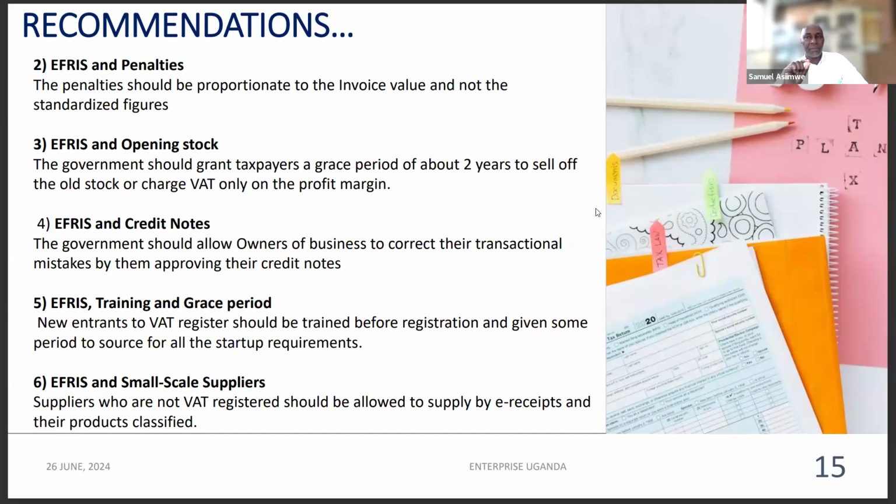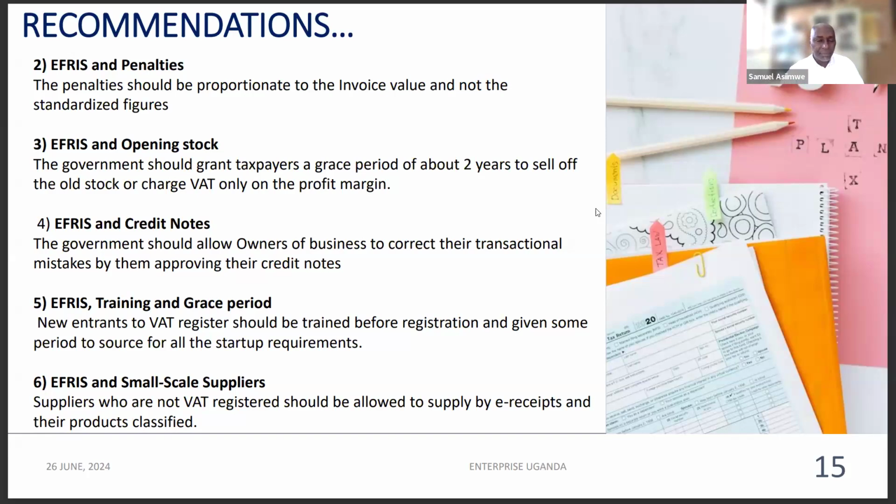Or if you come across an invoice which has maybe 10,000 in VAT, and you want to penalize me, kindly we request that you go by the invoice value, not the 6 million, because it hurts for me to buy a bottle of water at 1,000, and the trader gives me no receipt, or gives me a receipt which is not visualized. Then you charge the trader 6 million for 1,000.